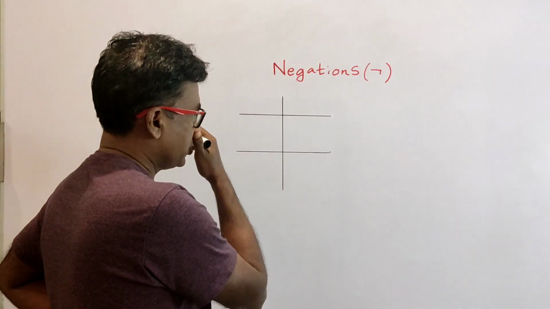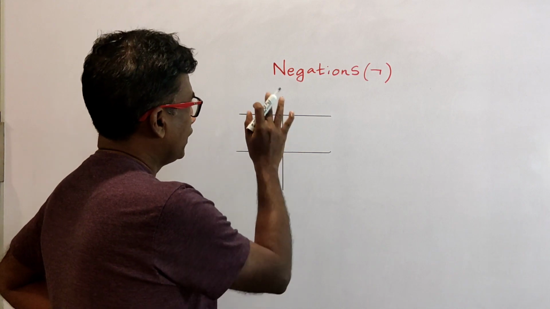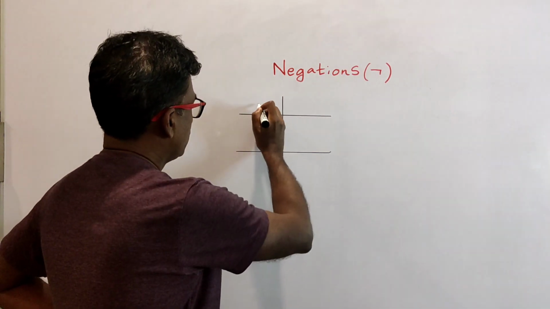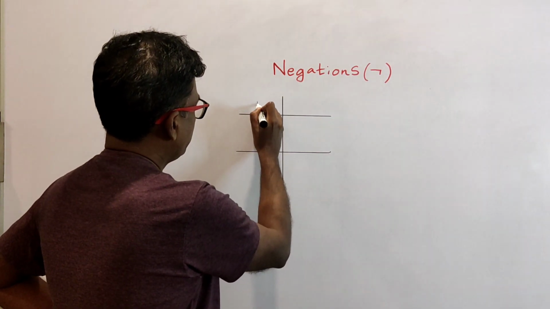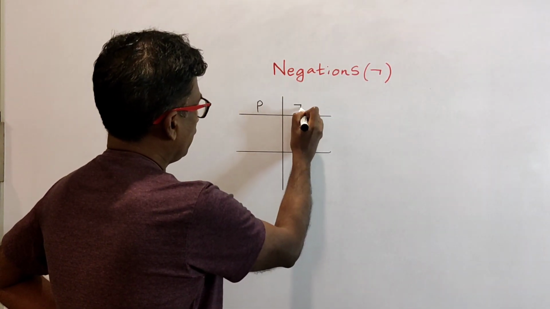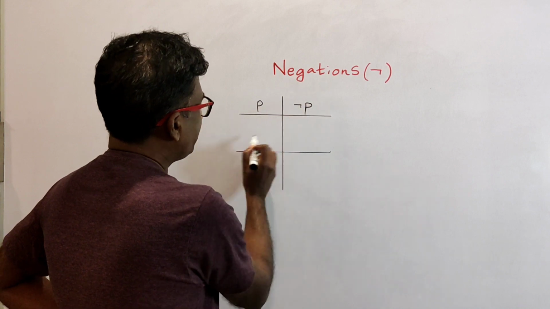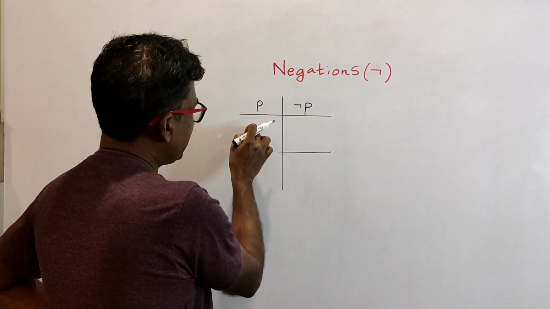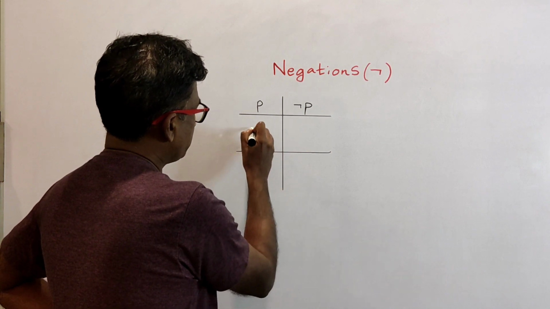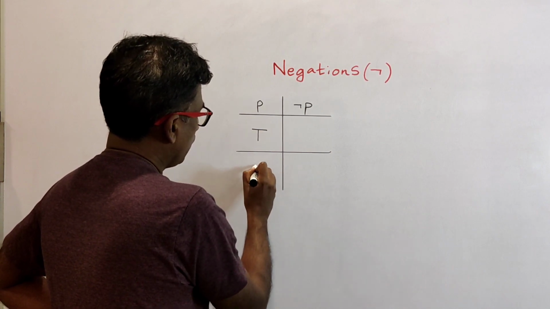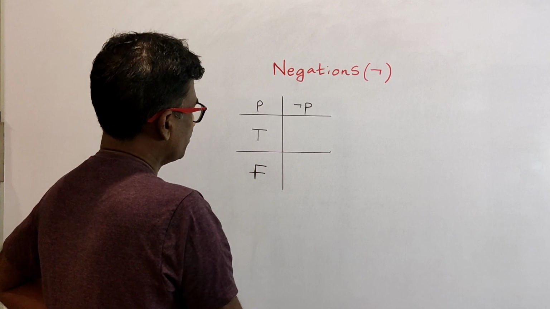So we are going to construct the truth table of not P. We have two columns, one for P, one for not P. We have two rows because P can have two possible truth values. P can be either true or false.